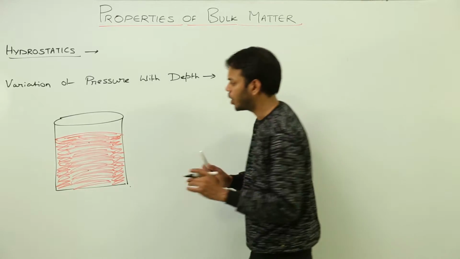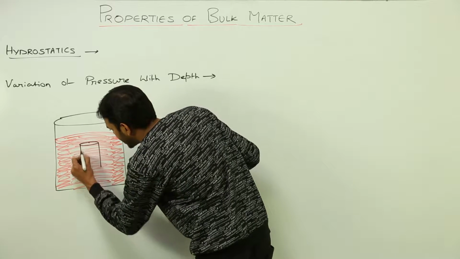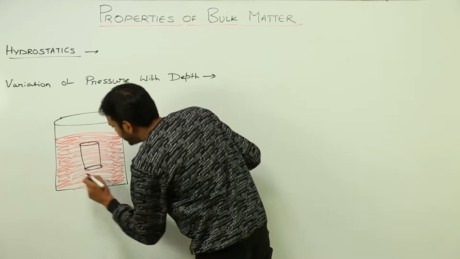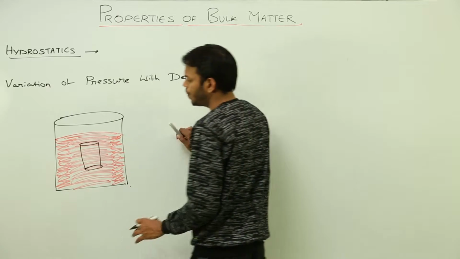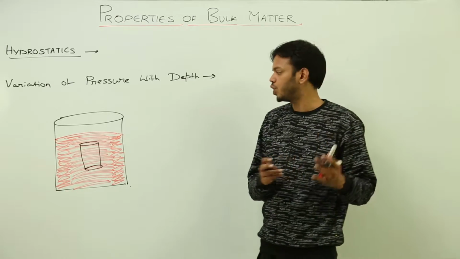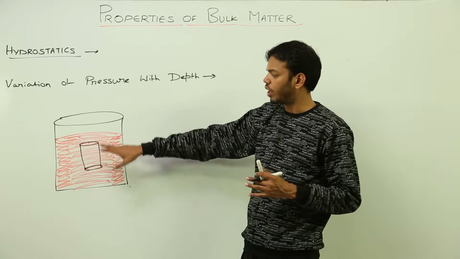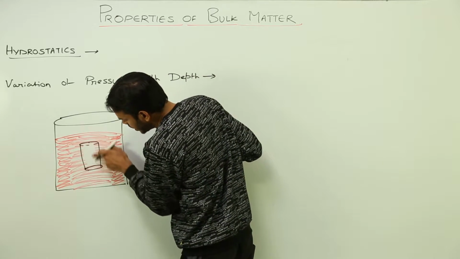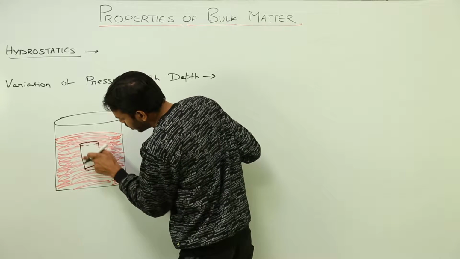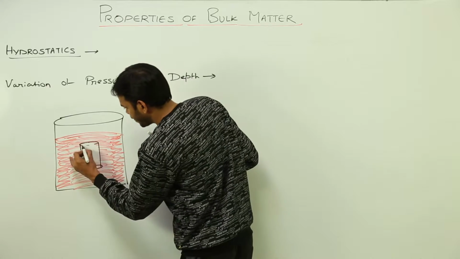All right, so this is my liquid column of cylindrical shape. According to the previous theory, the liquid is going to exert force or pressure on this liquid column, the imaginary liquid column inside our given liquid.